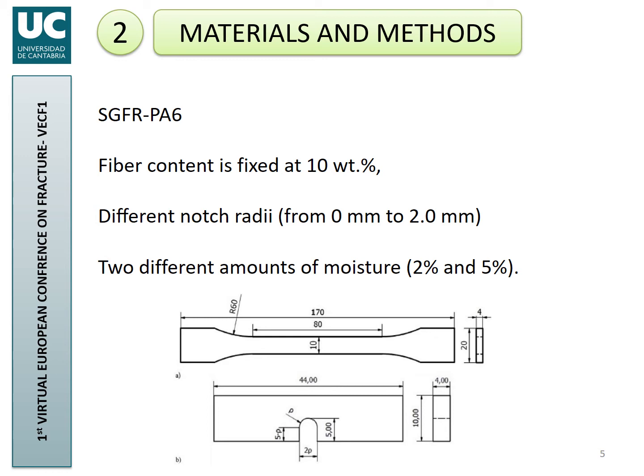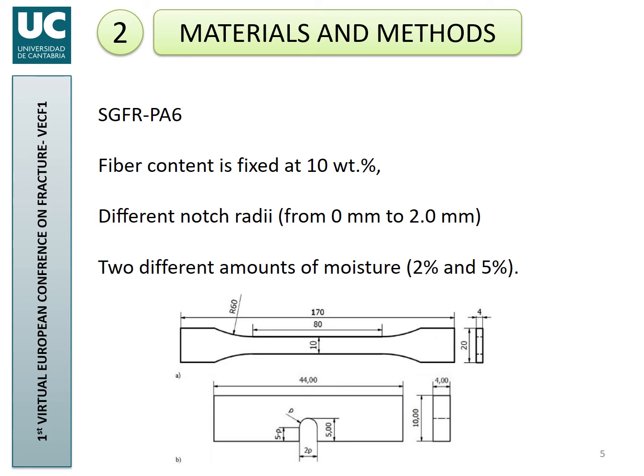Well, then, as I said before, the material being analyzed is short glass fiber reinforced PA6, with the fiber content being fixed at 10% weight percentage. We are introducing in the material different notch radii from 0 millimeters up to 2 millimeters.